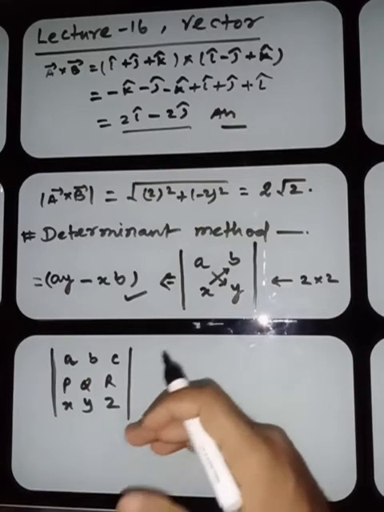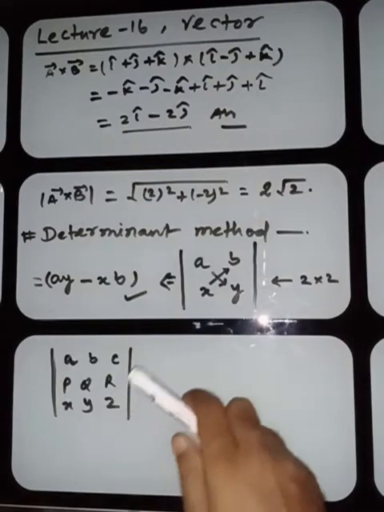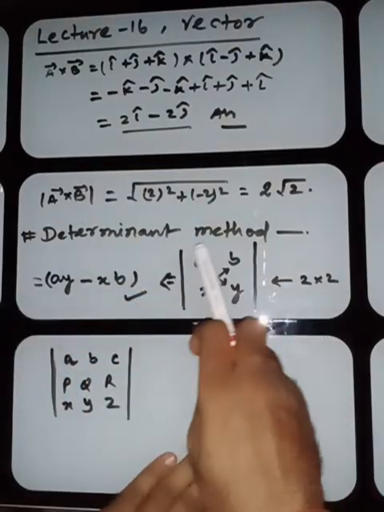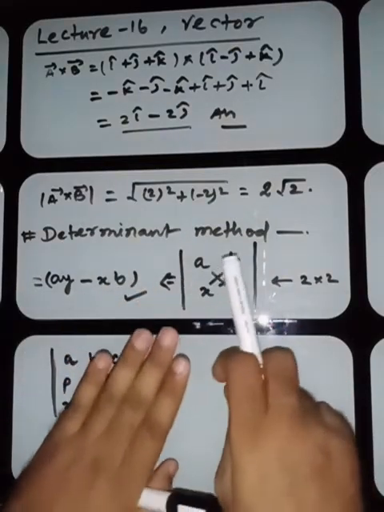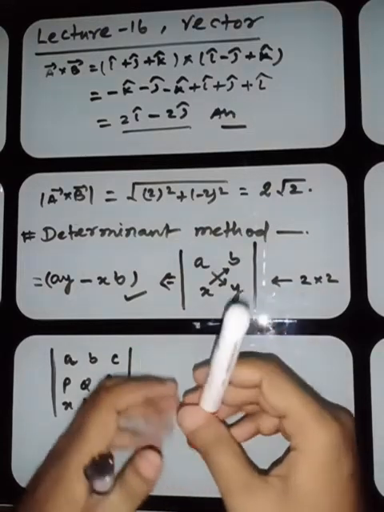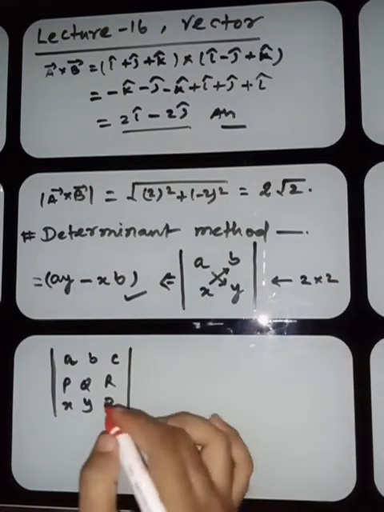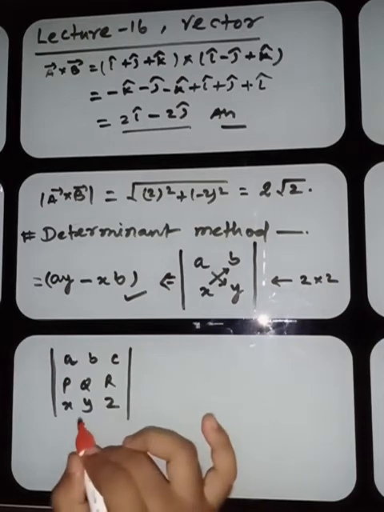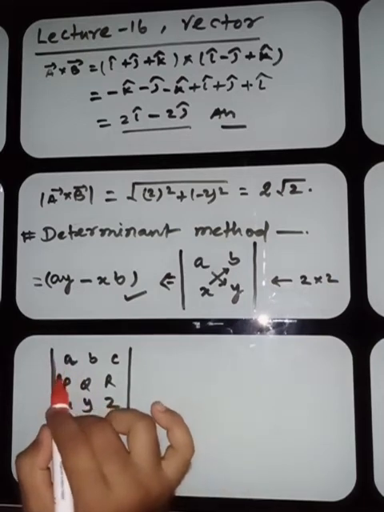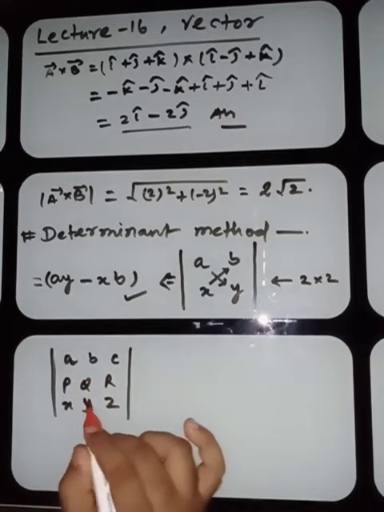Before solving this determinant, we imply the nature to the determinant. If you have directly a 2 into 2 determinant to solve, you need not imply the nature. But here, for the conversion from 3 into 3 to 2 into 2, you need to imply the nature. And how should the nature be given? Nature means positive and negative. You must start giving the nature from the first member, and it is plus. Remember, this nature I'm giving is invisible.